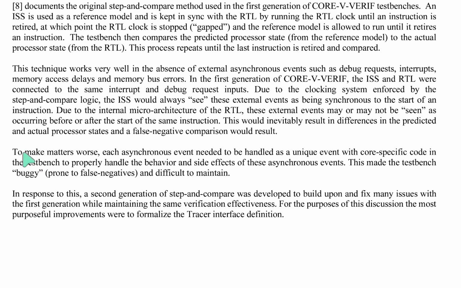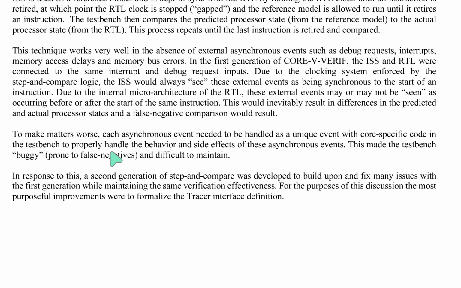To make matters worse, each asynchronous event needed to be handled as a unique event with core-specific code in the test bench to properly handle the behavior and side effects of these asynchronous events. This made the test bench buggy, prone to false negatives, and difficult to maintain.